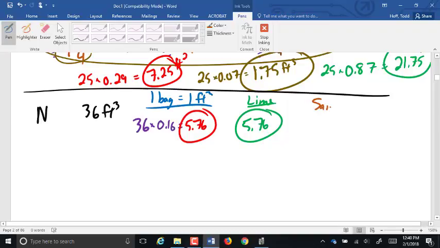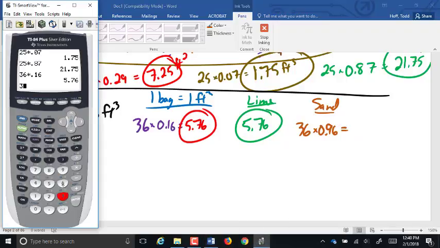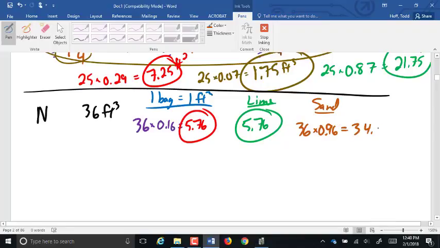For sand, that number is 0.96. So we do 36 times 0.96, which gives us 34.56. Now that's cubic feet.